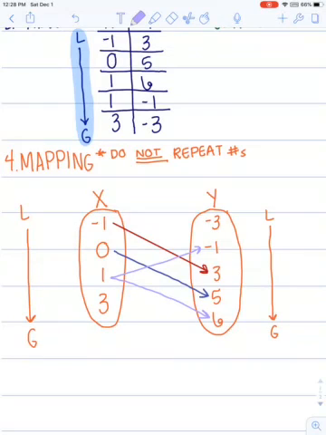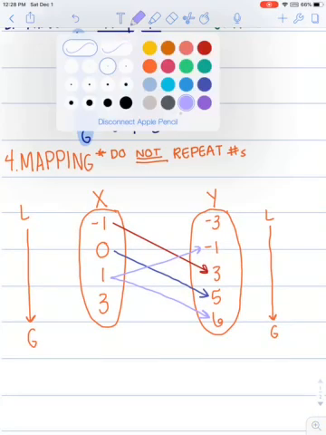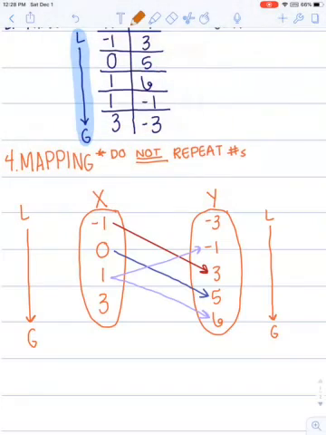So we're going to draw two arrows from that 1. That's why we do not repeat. We want to see how many y values an x goes with. So 1 goes to -1 and +6. Make sure from that +1 x value, we are going out with two arrows to those y values. And then finally, we have our 3 going to our -3.